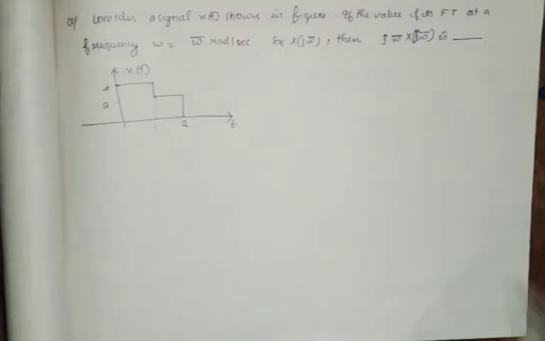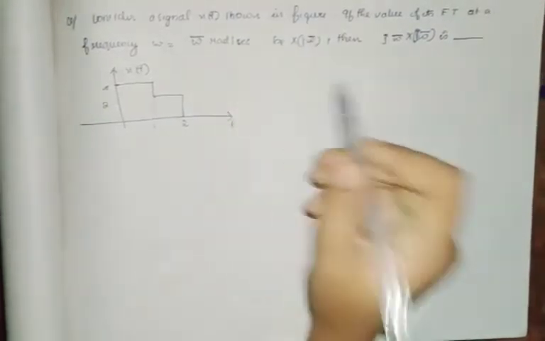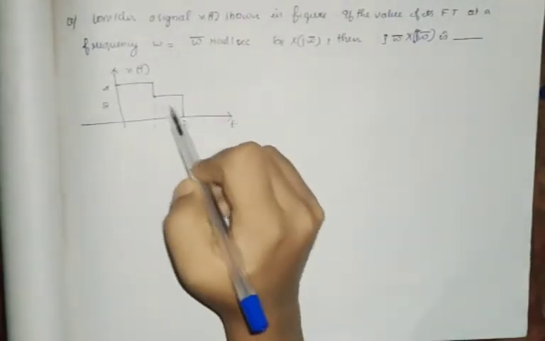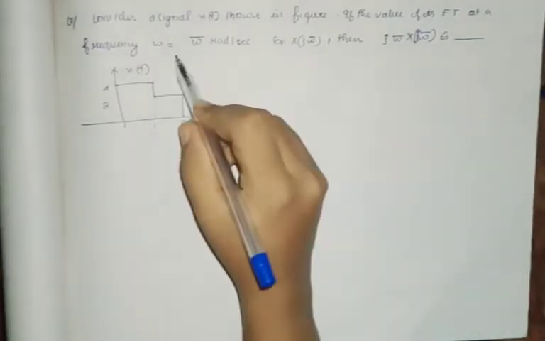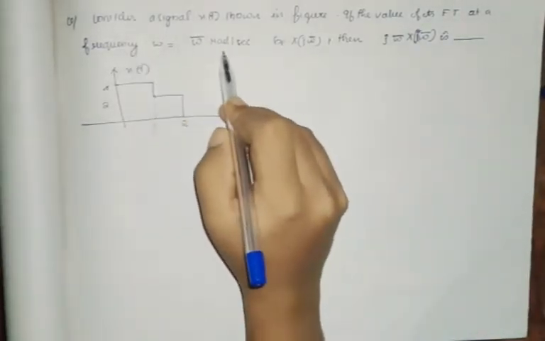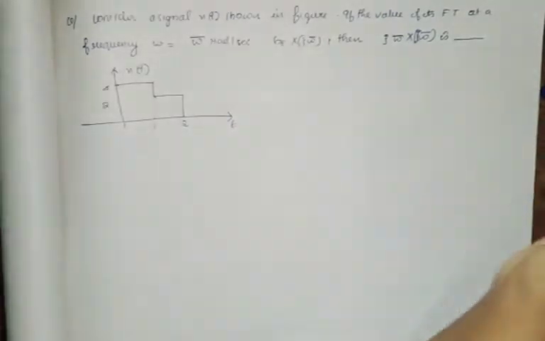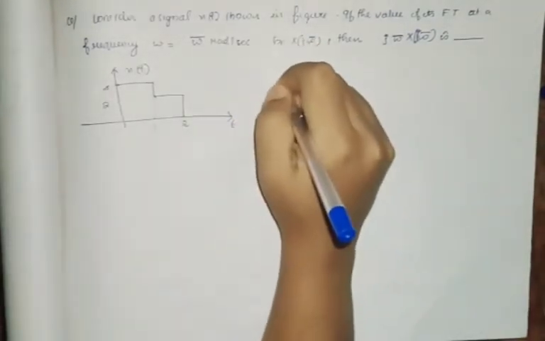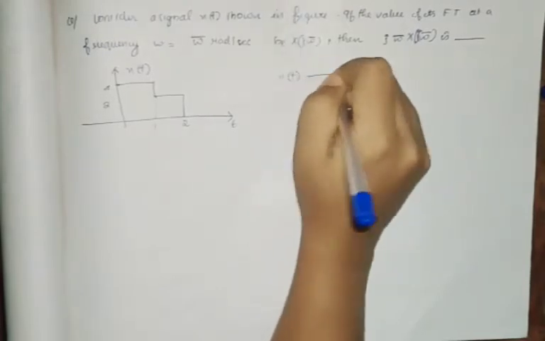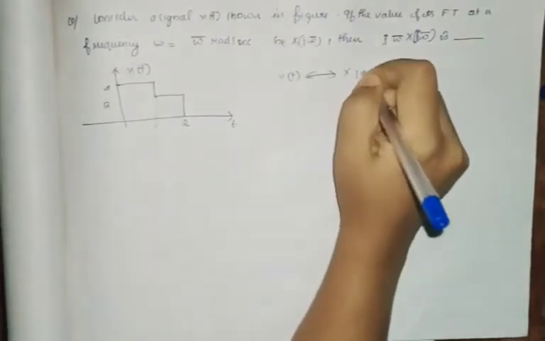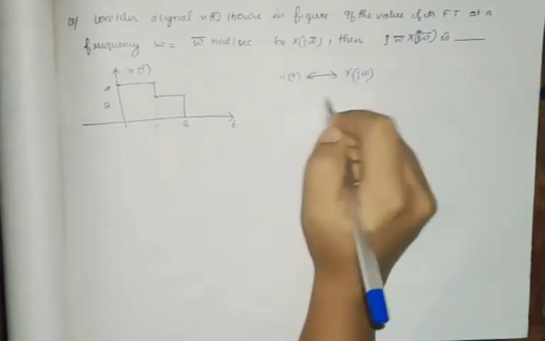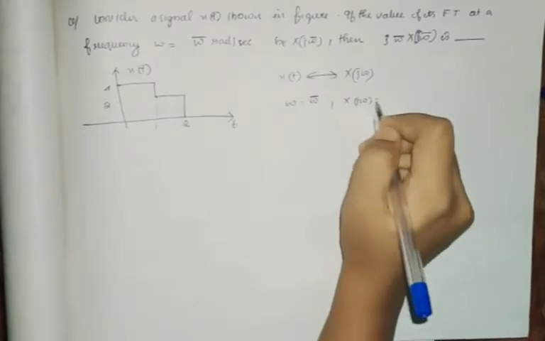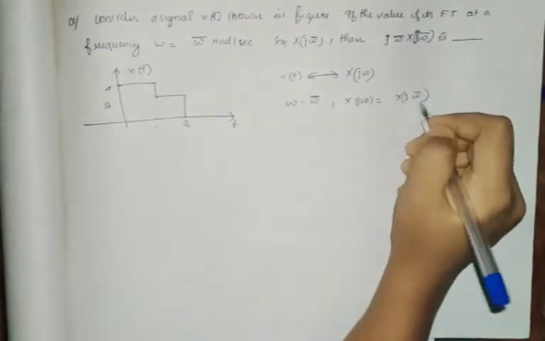Okay, so x of t shown in the figure is our x of t. The Fourier transform at a frequency omega equal to omega dash radians per second is x of j omega dash. That is, when x of t has a Fourier transform of x of j omega, then when omega is equal to omega dash, x of j omega becomes x of j omega dash.